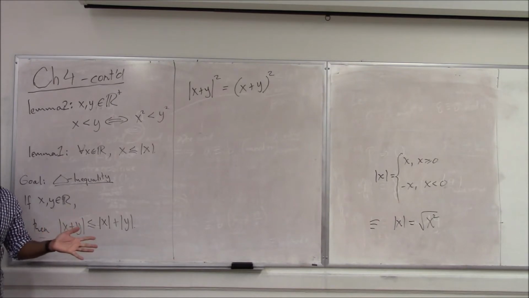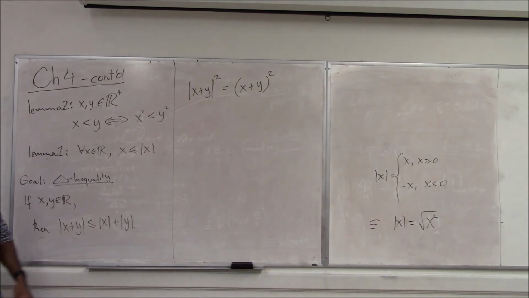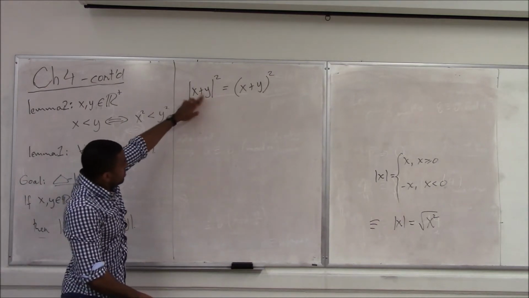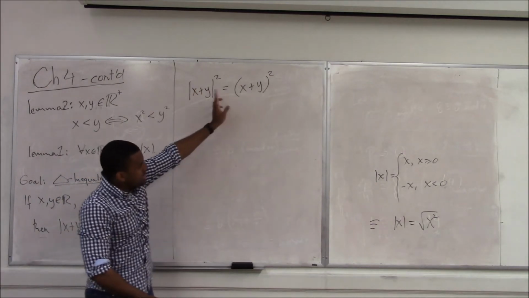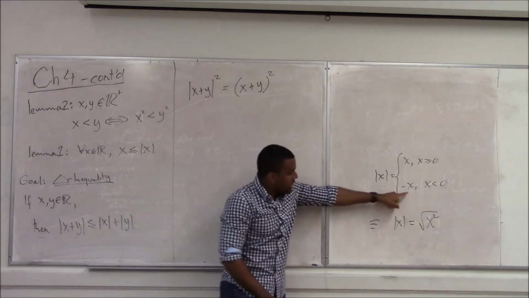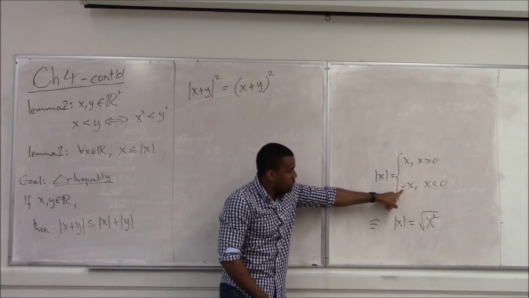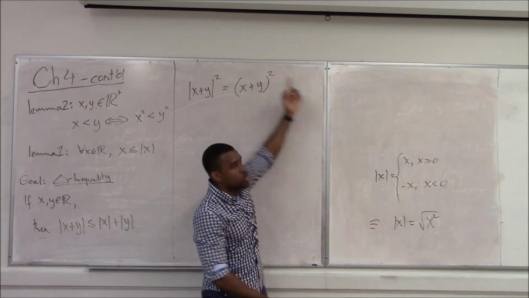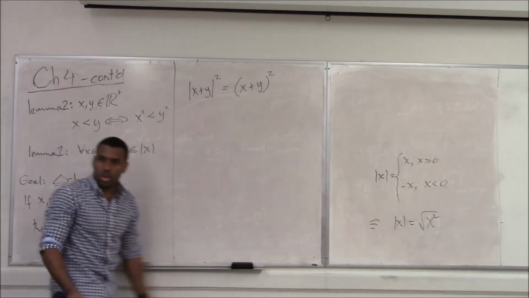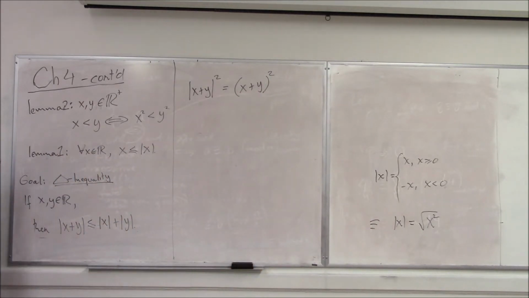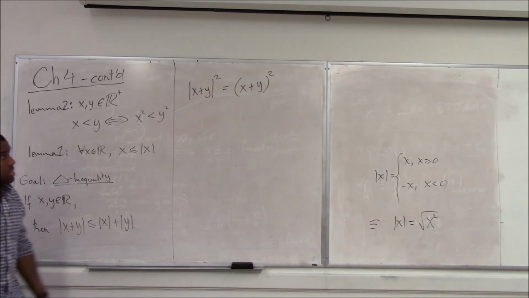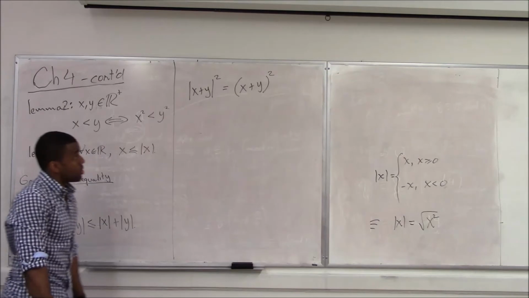Is everyone okay with that? Well, they're both positive, and if the inside is positive, then it makes no difference. If the inside is negative, then you put a negative inside the square, and the square kills the negative anyway. So it's all going to be the same. So for squaring an absolute value, or raising it to any even power, it's the same as just raising the regular thing to that even power.